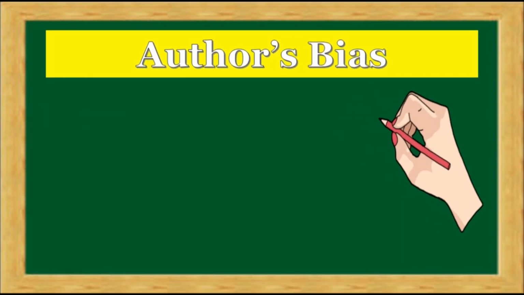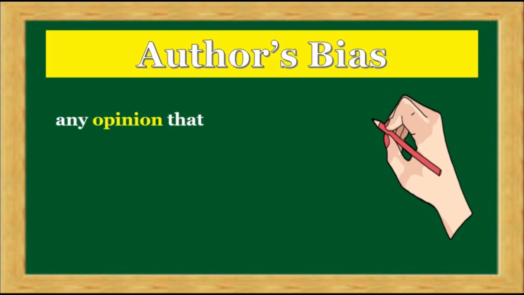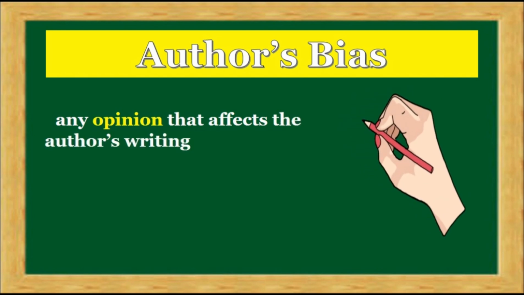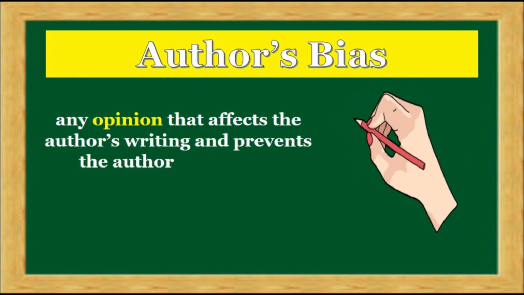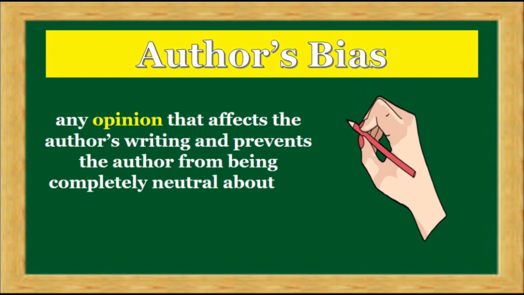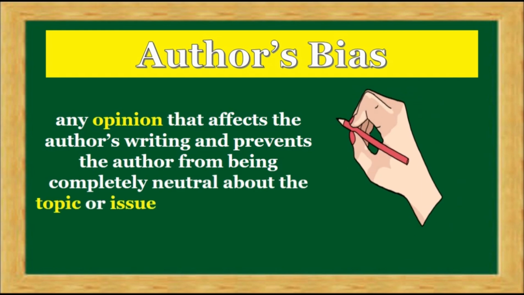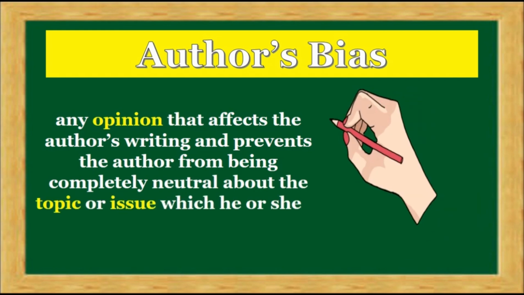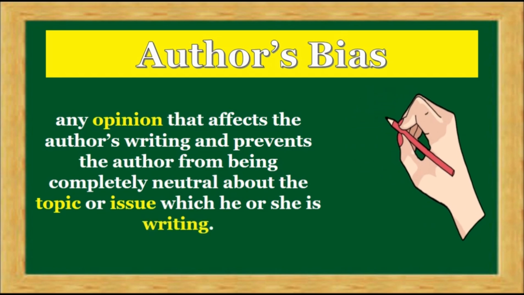Meanwhile, an author's bias is any opinion that affects the author's writing and prevents the author from being completely neutral about the topic or issue which he or she is writing.